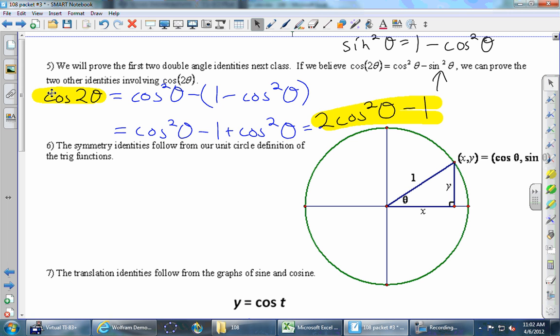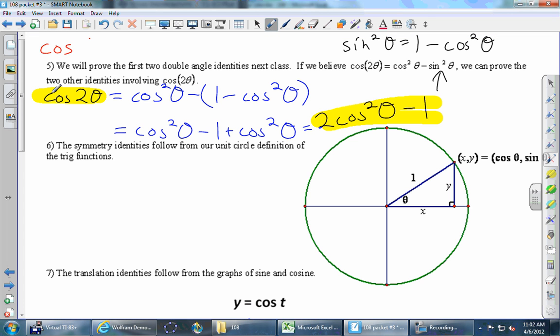Why is that useful? It's useful because, all right, let's take a look at an angle that we know is a double. Suppose that you know, for example, cosine of 30 degrees.